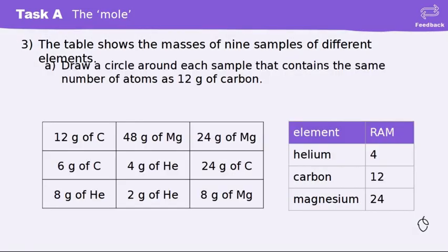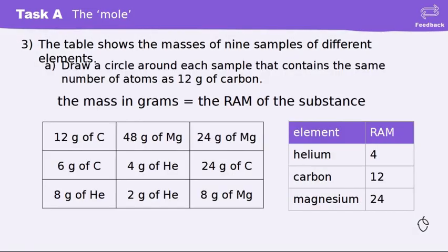So for the first one, masses in grams equals the relative atomic mass. You should have drawn a circle around 12 grams of carbon, 4 grams of helium, 24 grams of magnesium. Remember, if you weigh out the relative atomic mass of the element, you will have 1 mole of it, and there will be Avogadro's constant number of atoms in there, and they would all be the same.